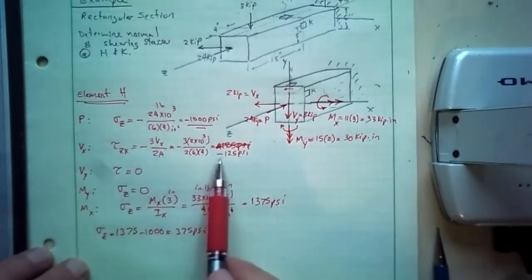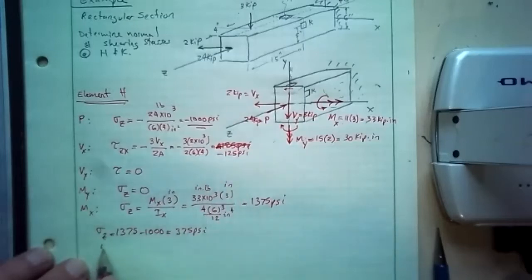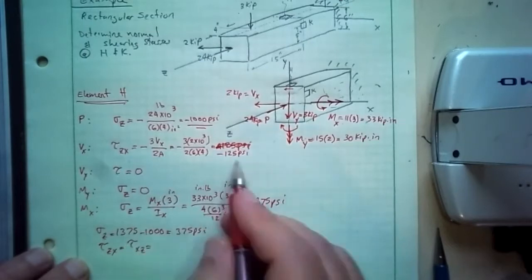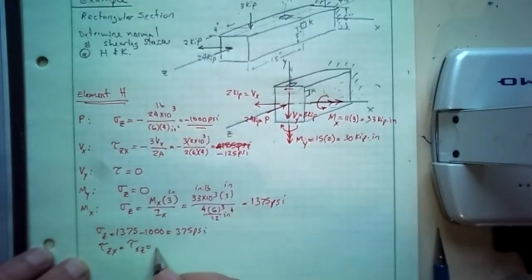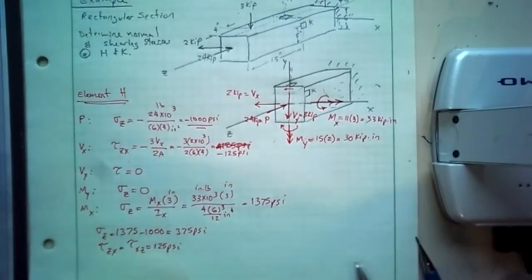And then as far as shear stresses, that's all I have. Tau zx, which is equal to tau xz, will be equal to, and negative. Negative means it just simply defines a direction. So I'll take care of the negative here in a minute by the direction.